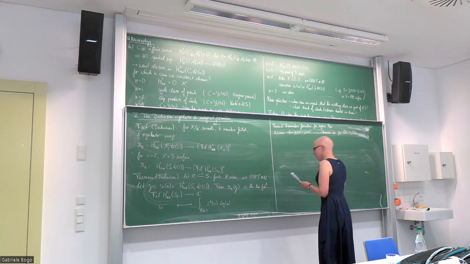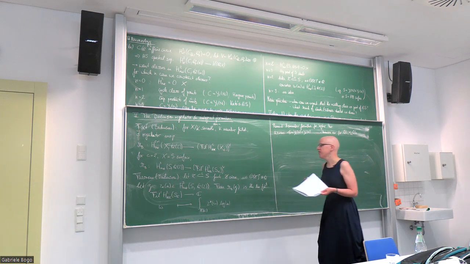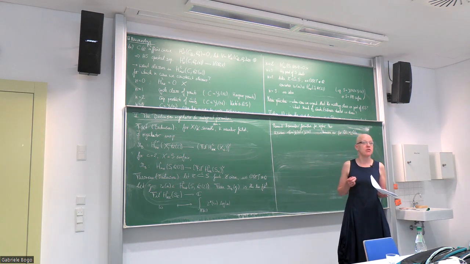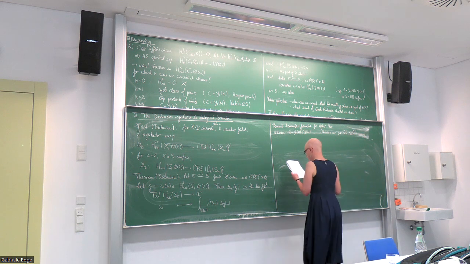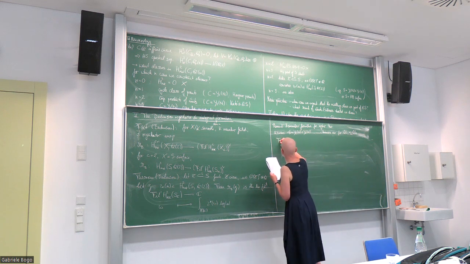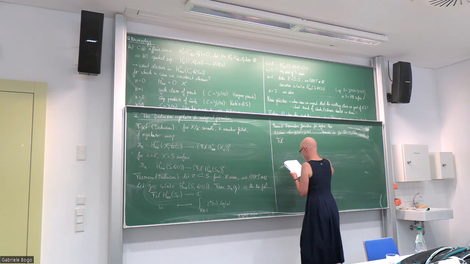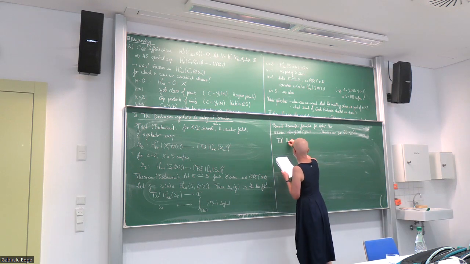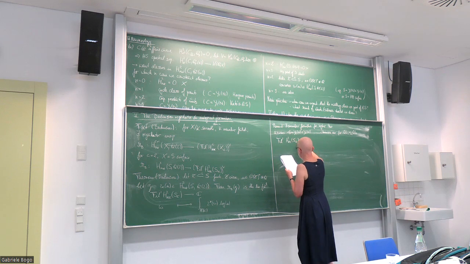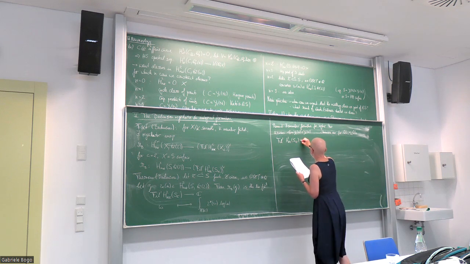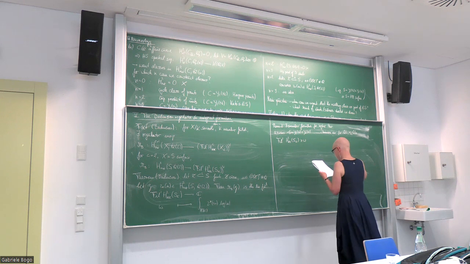So what does this H2 Beilinson group of S_C actually look like? If we have an element in here, what does this look like?